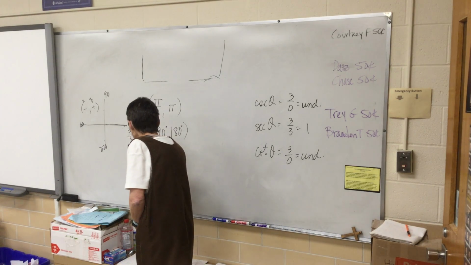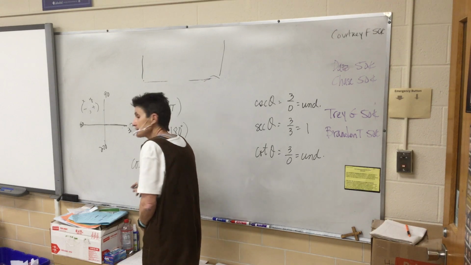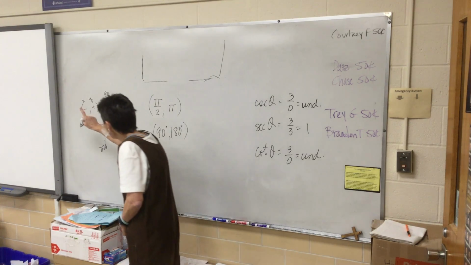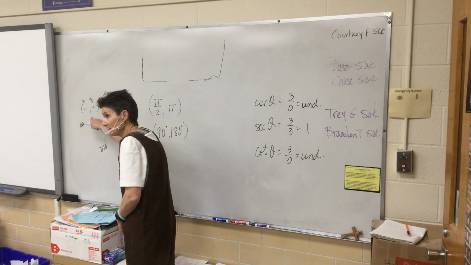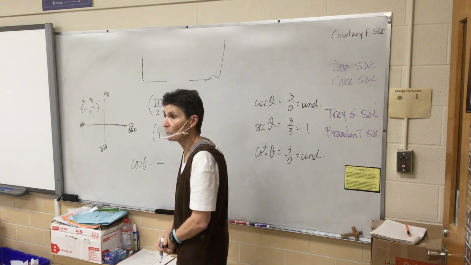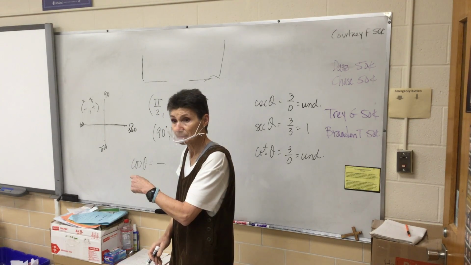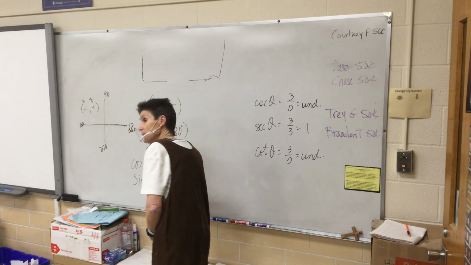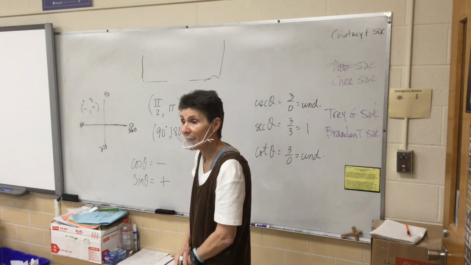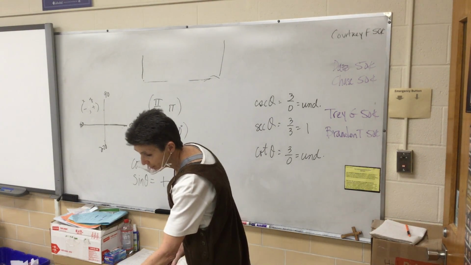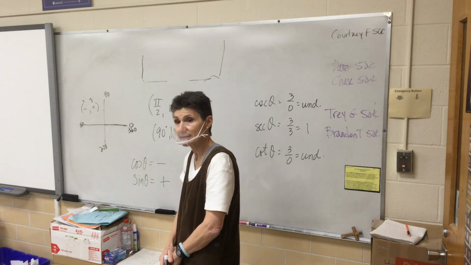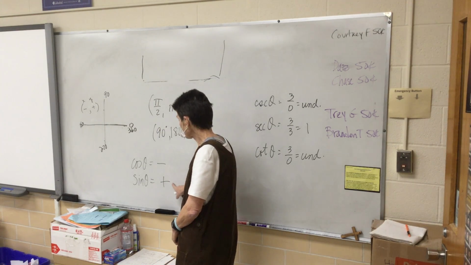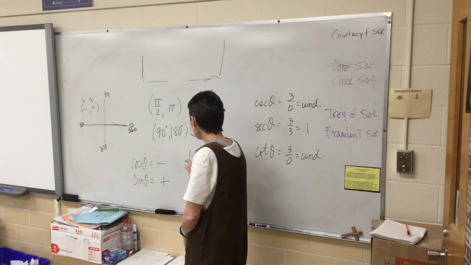Now remember, cosine is associated with x. X in this space is negative, so your cosine is going to be negative because x is. Your sine, on the other hand, is going to be positive because y is. All you're doing here is telling me whether sine, cosine, and tangent are positive or negative. Cosine is negative, sine is positive. Now, what about tangent?